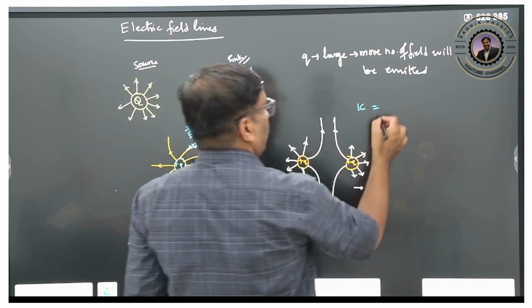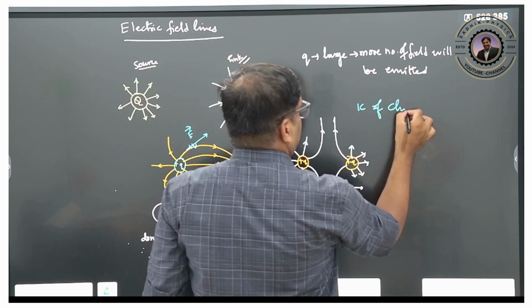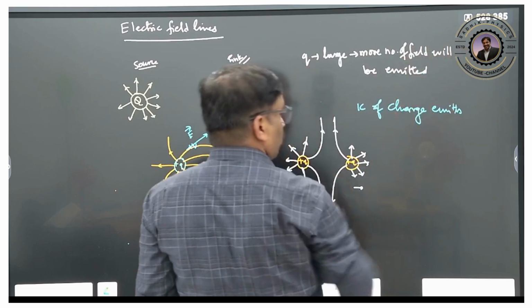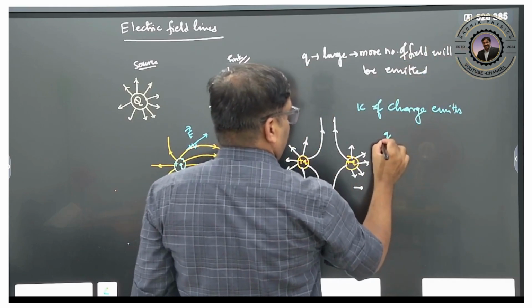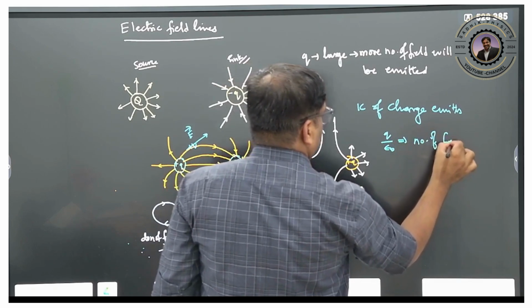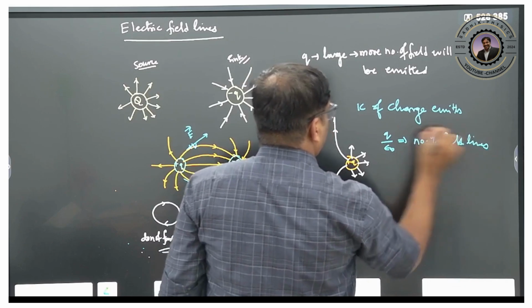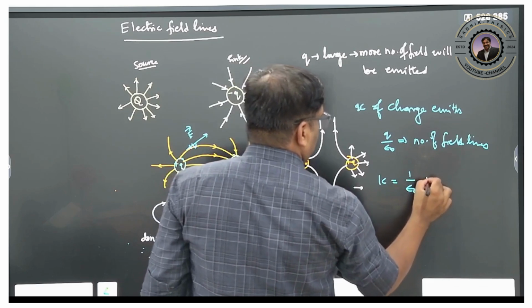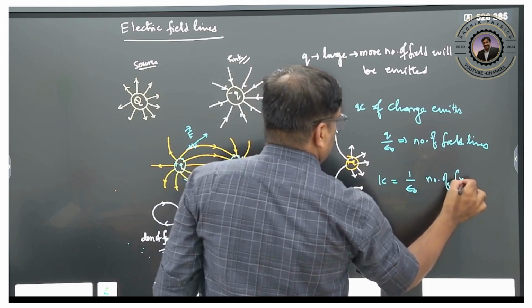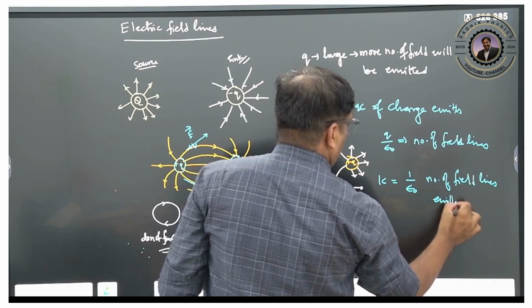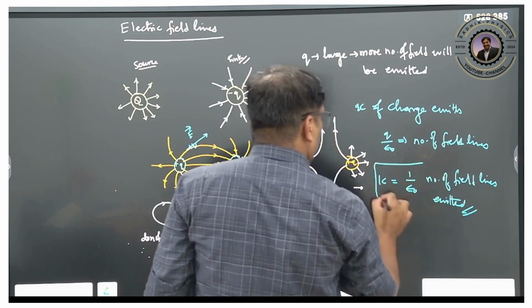So 1 coulomb of charge emits Q by epsilon naught number of field lines. If Q charge is there, then 1 coulomb means 1 by epsilon naught number of field lines emitted by 1 coulomb of charge.